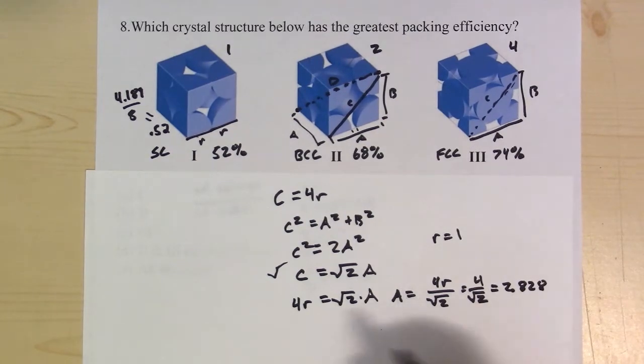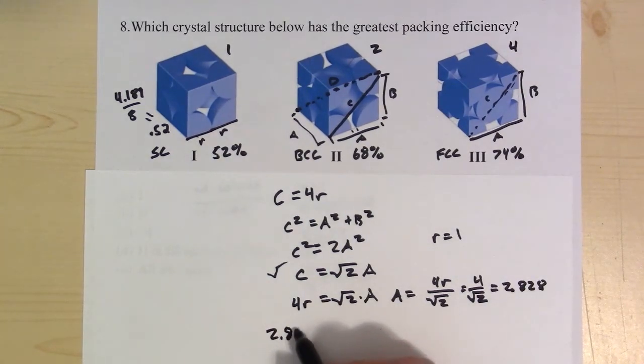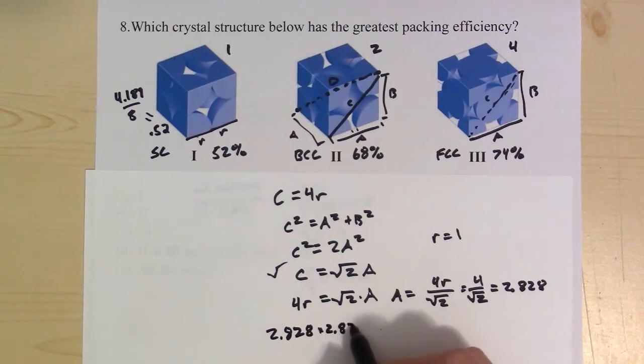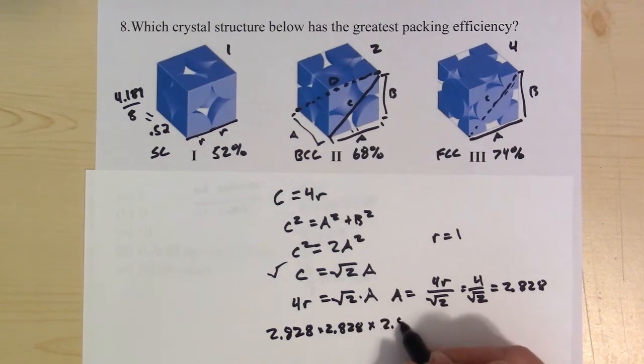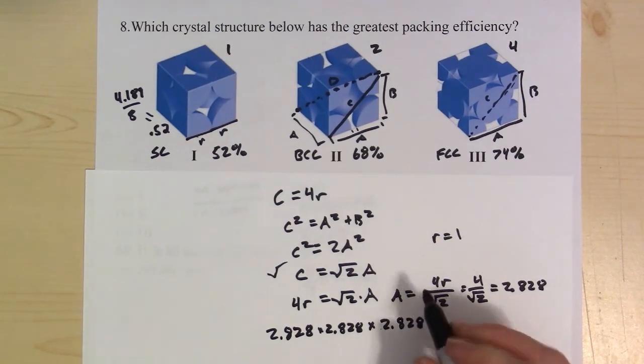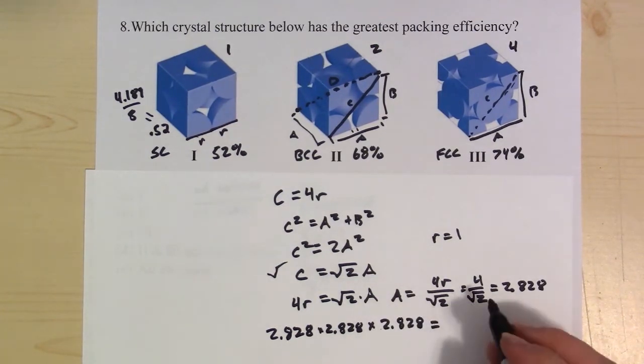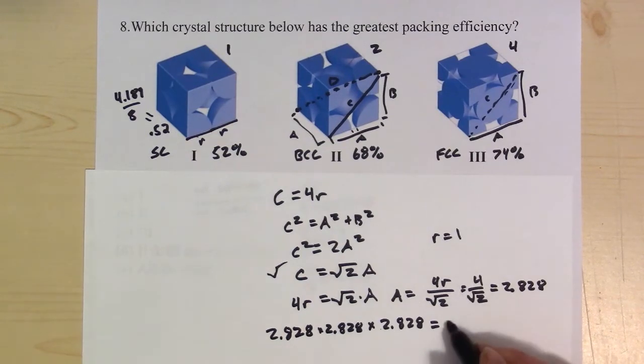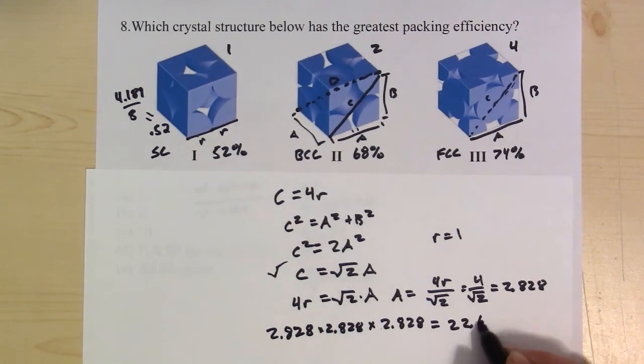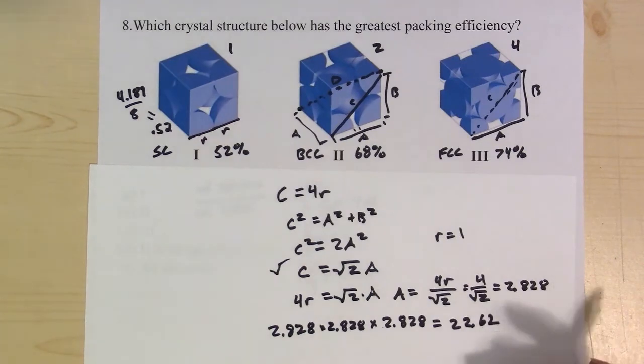So that is A. So if we take 2.828 times 2.828 times 2.828, that's going to give us the volume of the cube, and that is going to be 22.62 approximately.